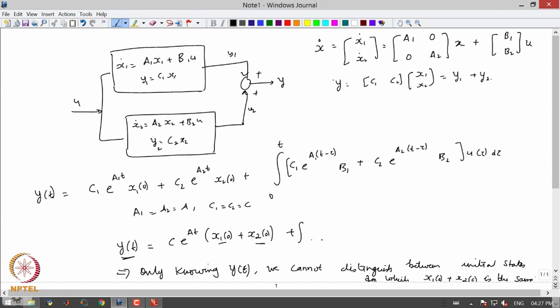So I cannot really measure x1 naught and x2 naught just from the information given to me.